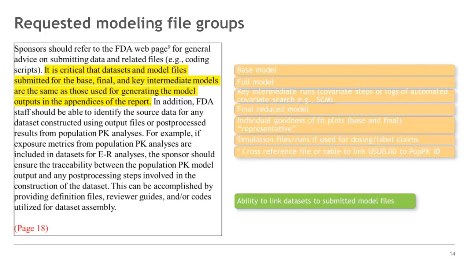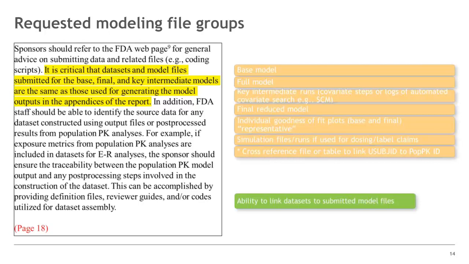So as you build to a full model with all possible significant covariates added, there are the key intermediate runs, which in theory, if you did things as separate evaluations for each covariate, would be the runs that included the steps that were considered significant. So if in my analysis weight and gender, for instance, were considered significant covariates on various parameters, I would want to include those runs where it showed that those particular parameters were significant.